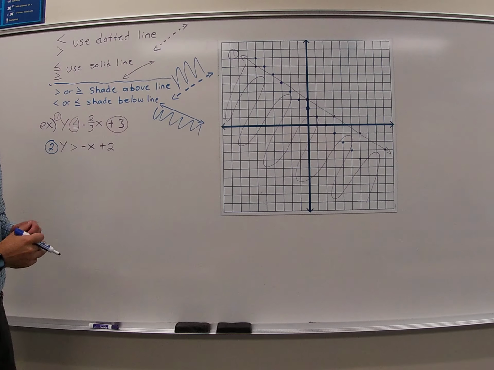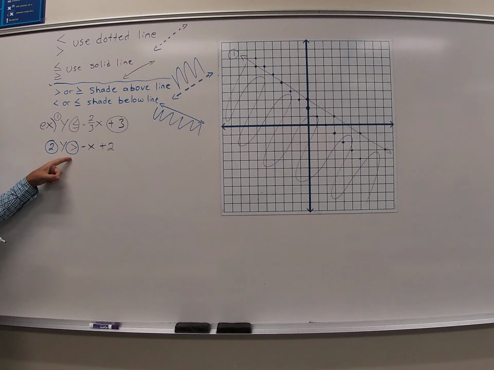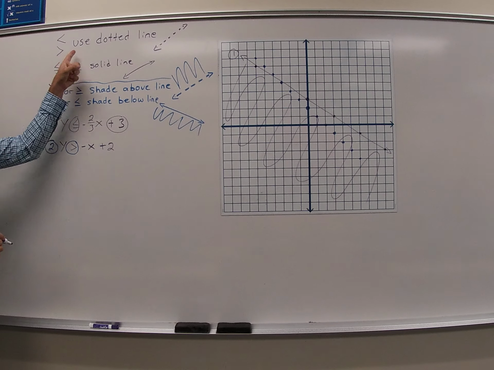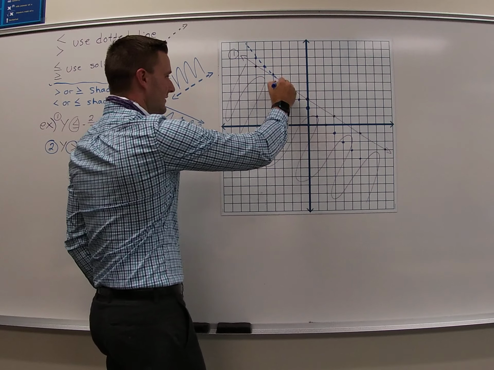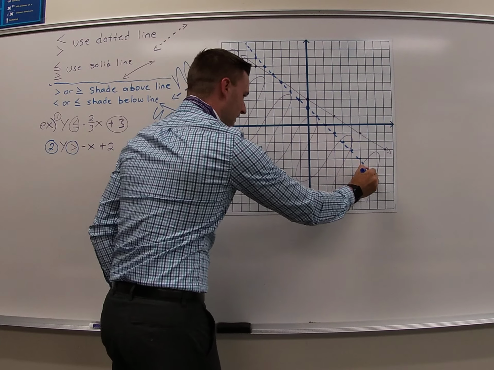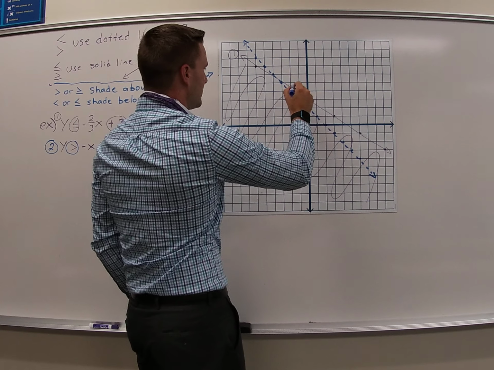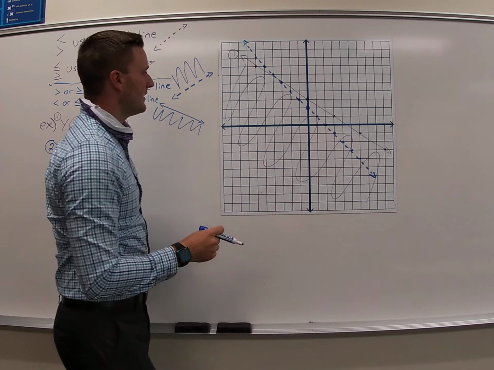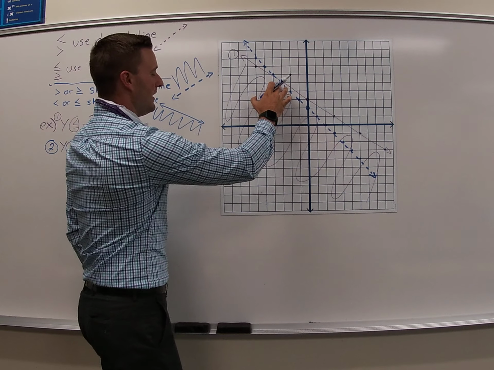Now, before I connect the dots, I want to look at my symbol. So because my symbol does not have an equal to symbol, I am going to have to use a dotted line to connect these points. So as I connect these with a dotted line, that goes on forever. We see their intersection point right here at negative 3, 1, 2, 3, 4, 5.